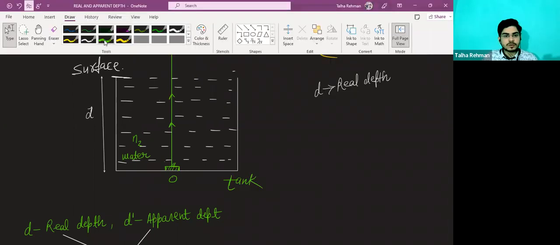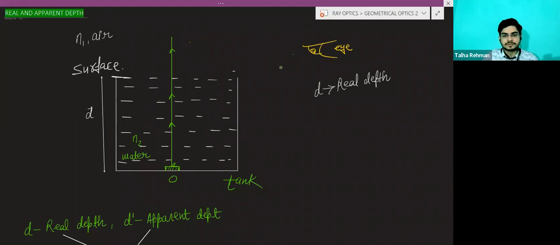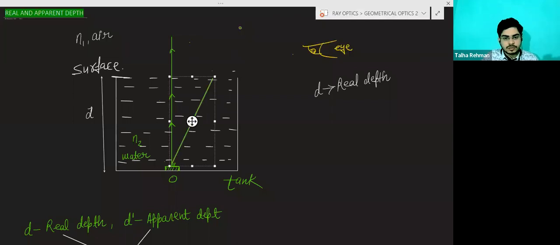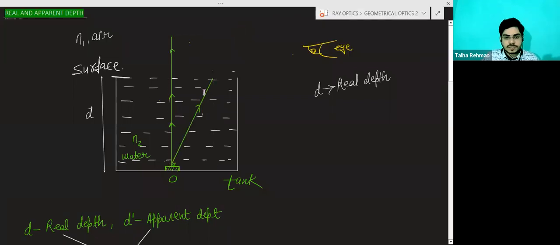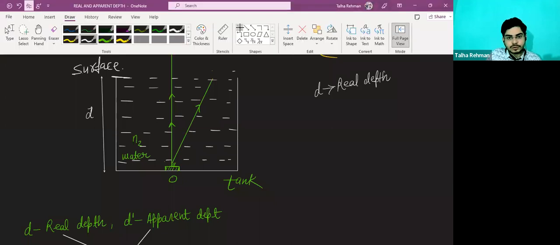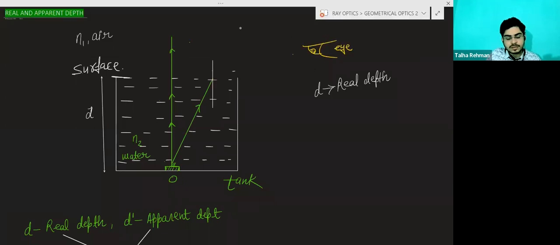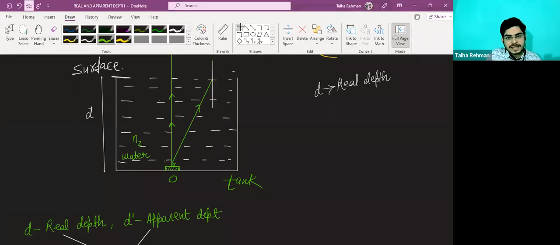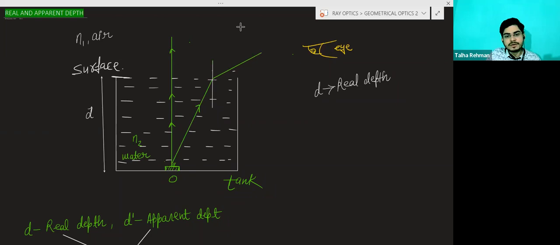Another ray from this object is supposed like this. Now, as this ray is going from the denser medium to the rarer medium, to show the refracted ray we have to draw the normal. So this is the normal, and as this ray is going from denser to rarer medium, it will bend away from the normal like this.